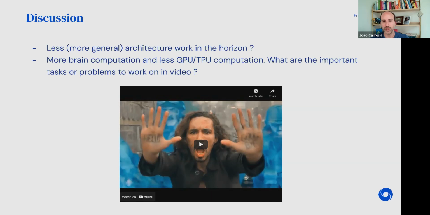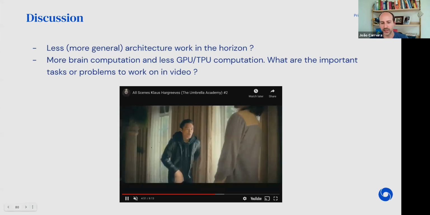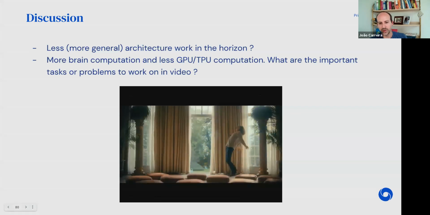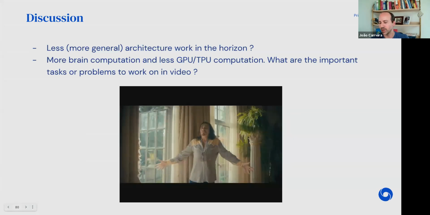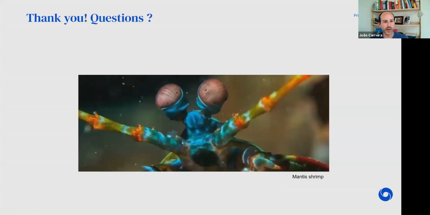But obviously, an important question is, what are the real problems we need to solve to make progress in this area? Given the complexity of scenes like these that I've shown, like spirits possessing people and whatnot, this is just one element in a very, very long tail of possible things that happen in videos. So yeah, any questions? I'm happy to discuss.